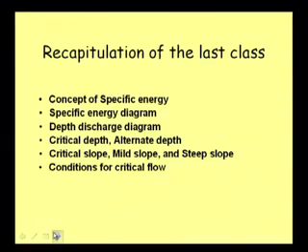After that we discussed the condition of critical flow. That means, how will we understand that flow is critical? We can define that minimum specific energy means critical flow, but we need some definite index to show that it is the critical flow condition. One condition is that when specific energy is minimum for a given discharge, that is the critical flow condition.